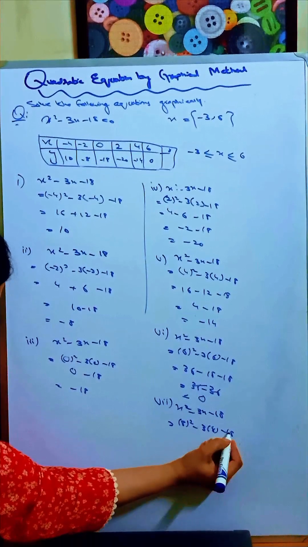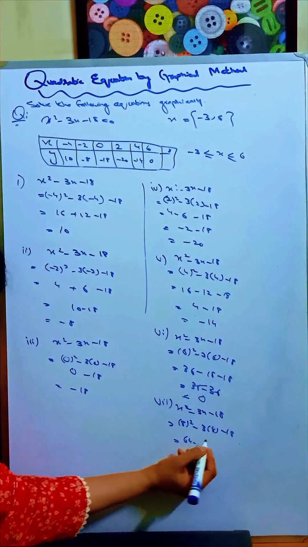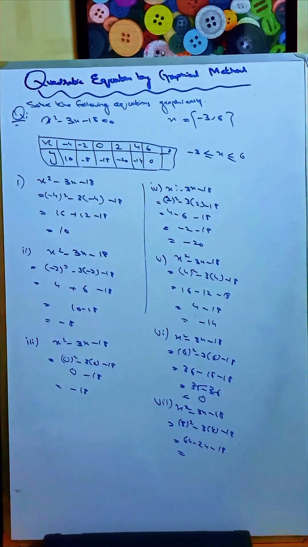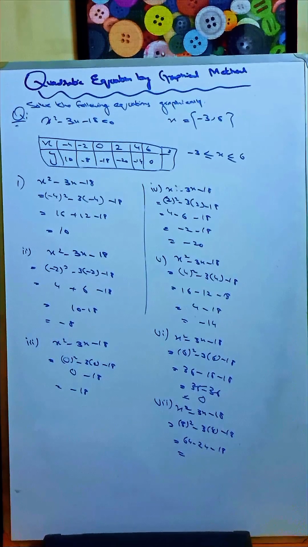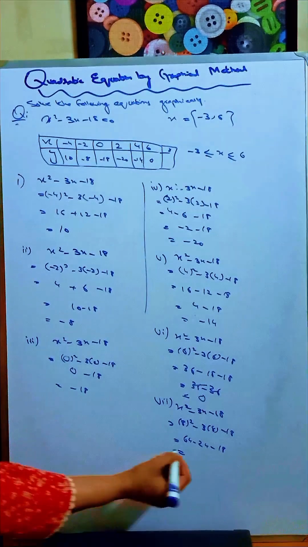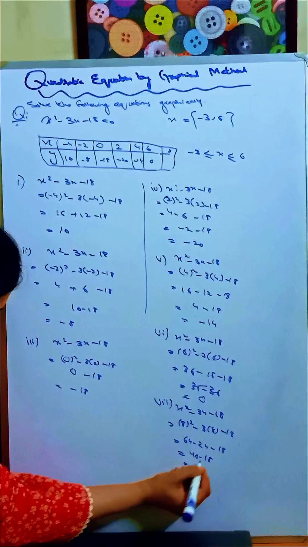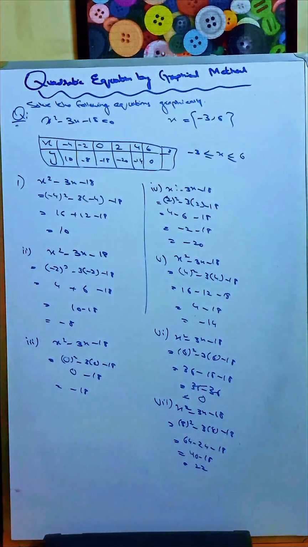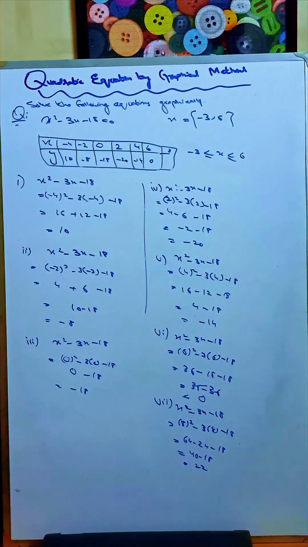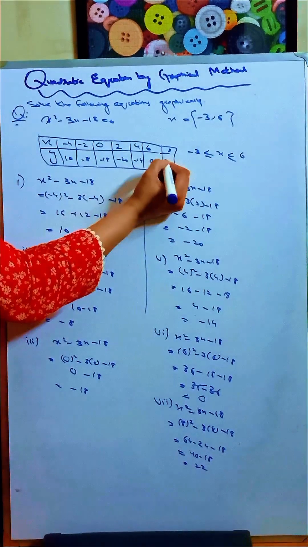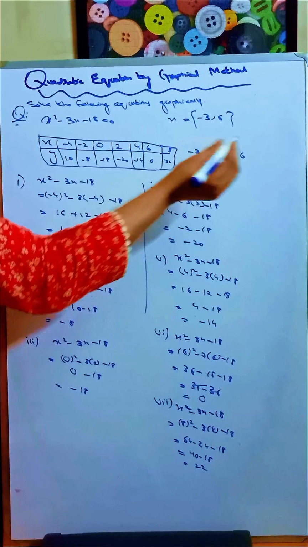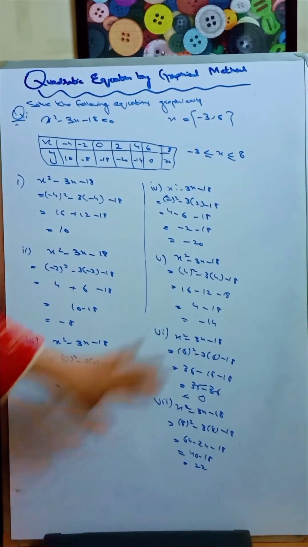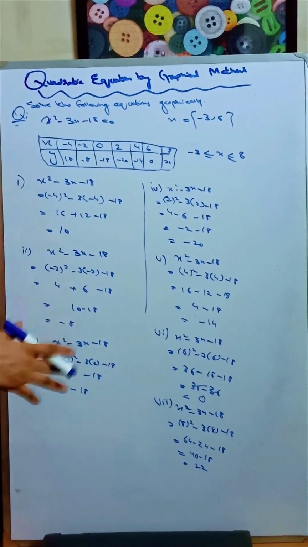I will tell you why I used the last step. 64 minus 24 is 40, minus 18 is 22. So if x is 8, then y is 22. So we can say up to 8.